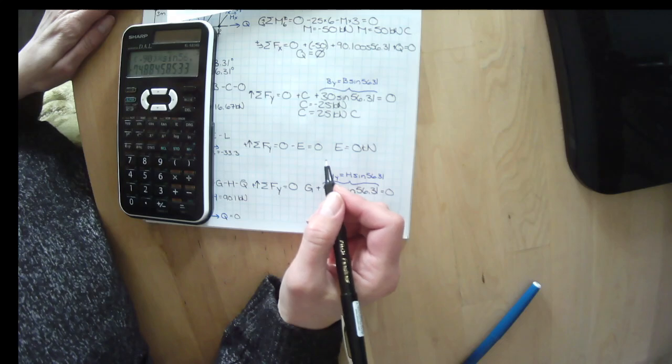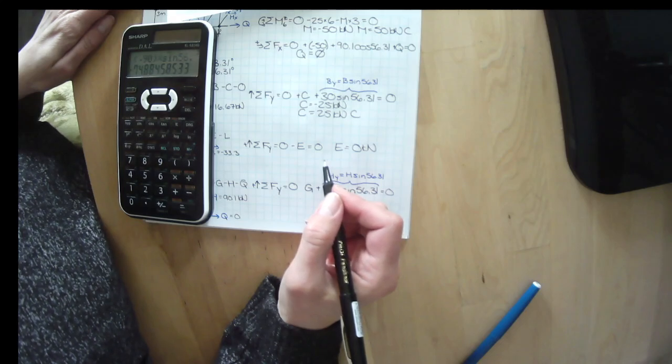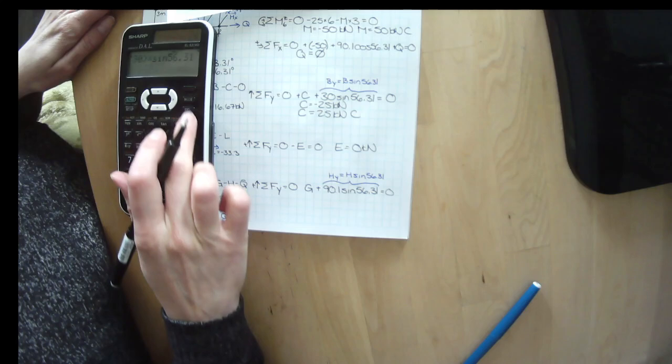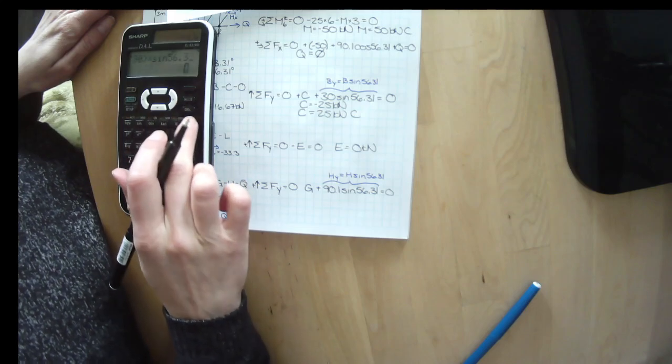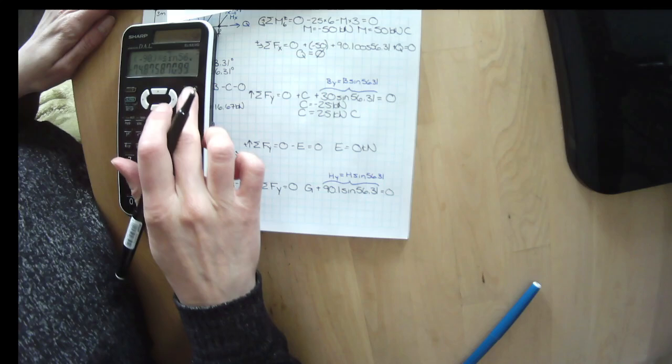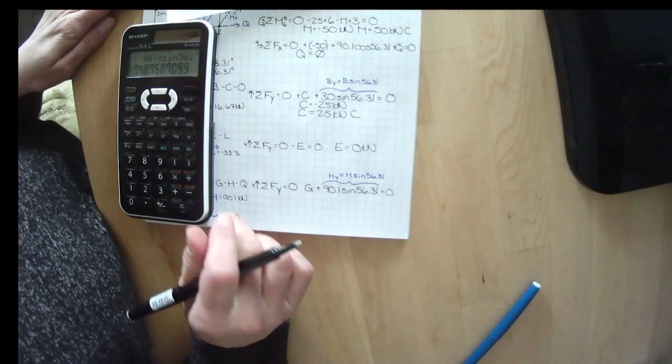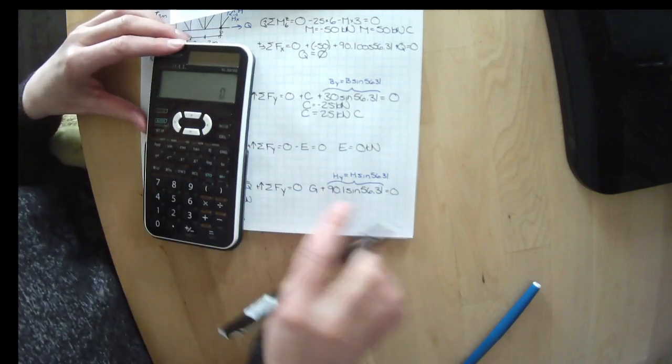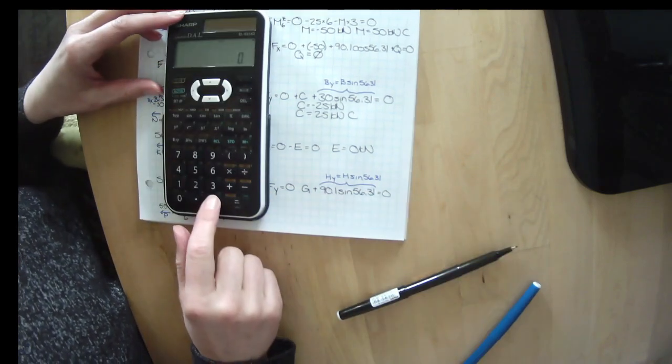Something is funny with my calculator, because this should be rounding. This normally rounds nice and even to 75. Oh, I know what it is. I only put 90. I was like, something seems funny.